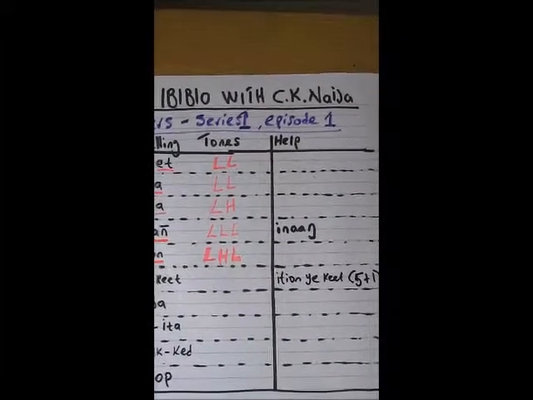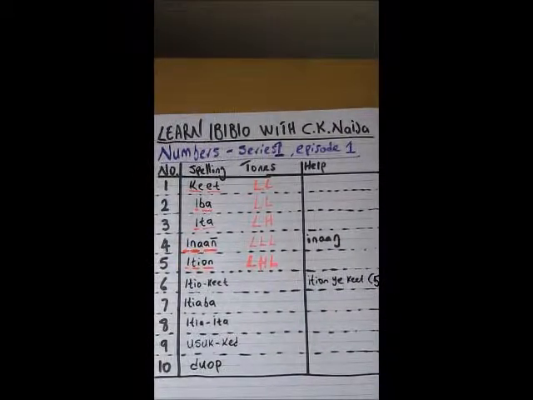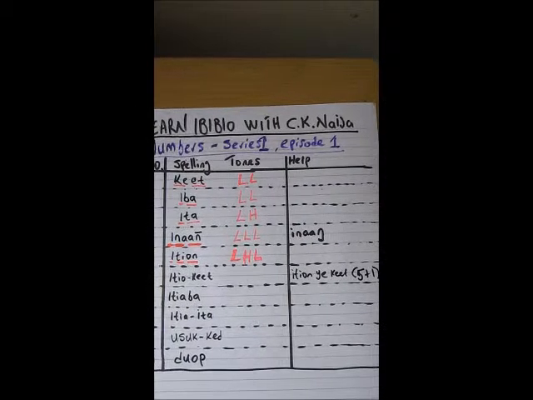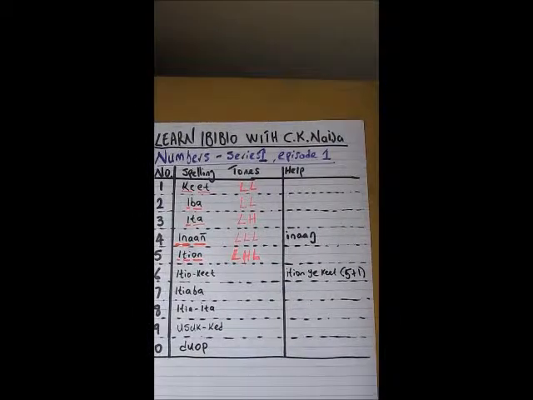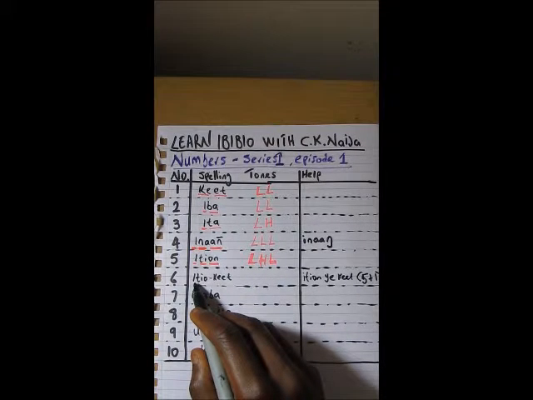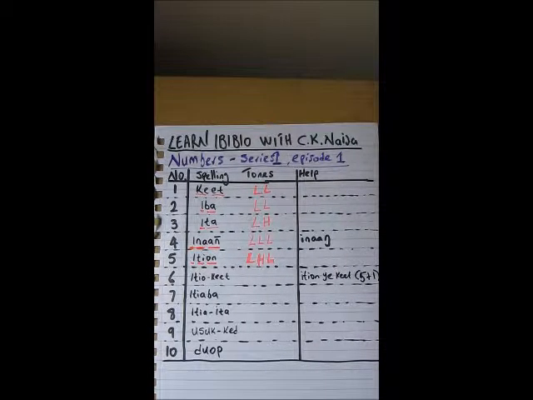So let's zoom out a little bit. As you can see, itiokiet, 5 and 1, so 5 add 1, right? Itiokiet.